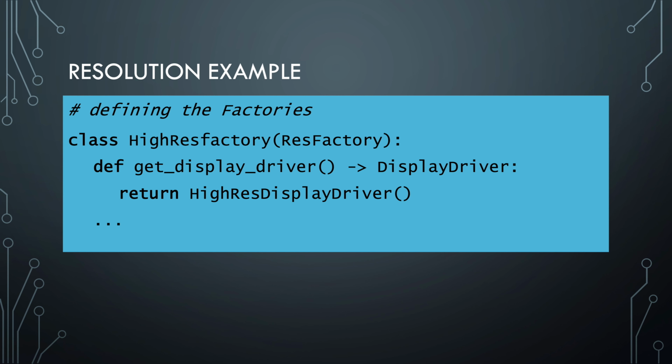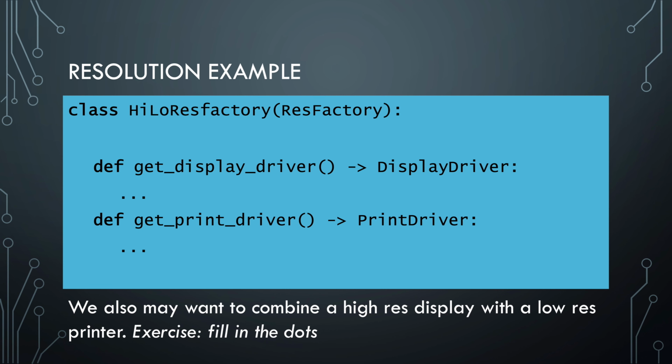And the high-res factory creates a high-res display driver and a high-res printer driver. You can now even make new factories with other combinations. For example, a high-low res factory that combines a high-resolution display with a low-resolution printer. I leave it up to you to fill in the dots.